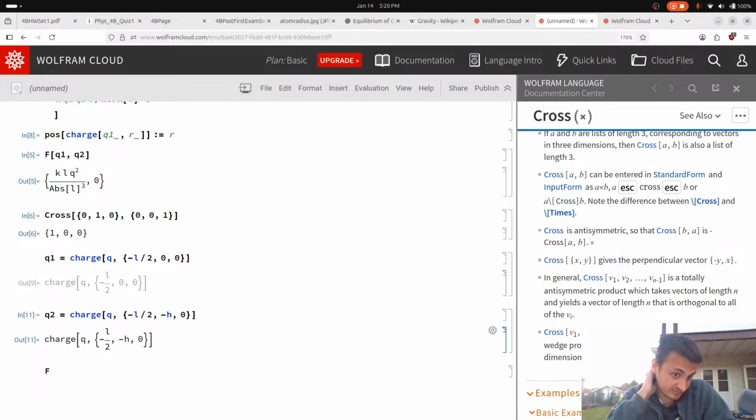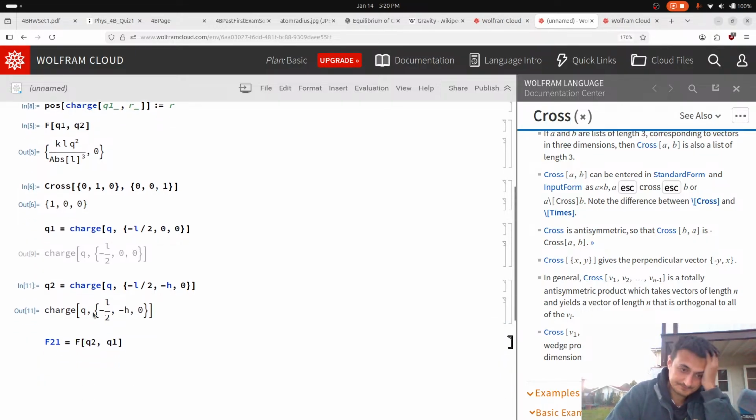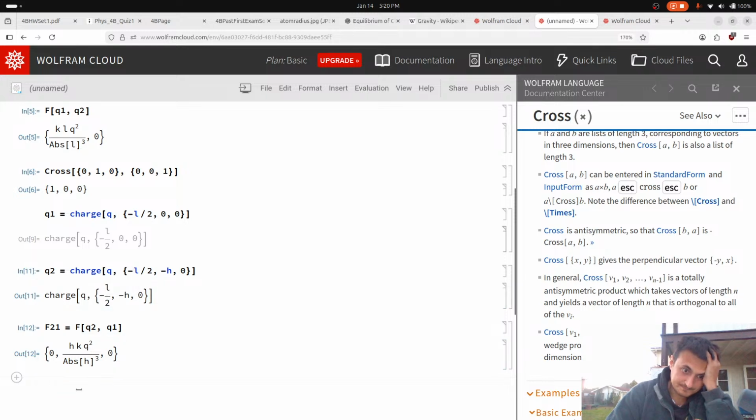It's ambiguous no matter what. We'll just do F21 is equal to F of Q2 on Q1. And the force is in the y direction. Okay, so now we have the force, and it's a 3 vector, which is good.